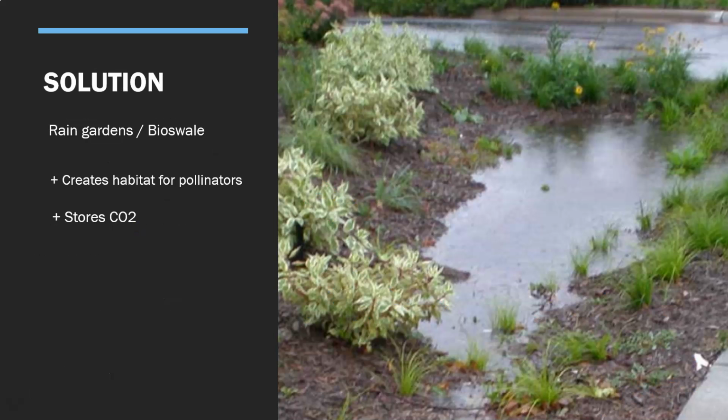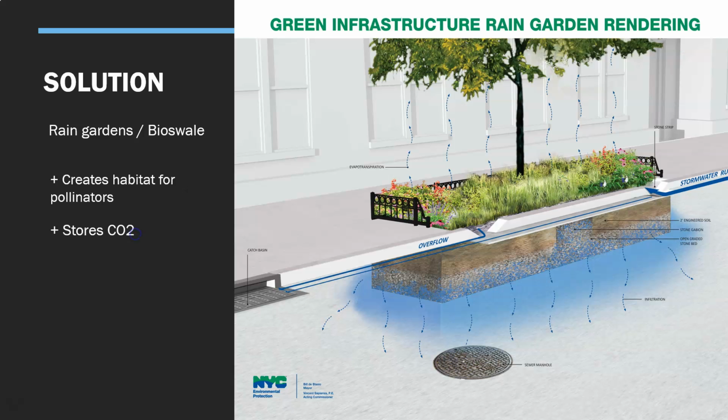We also have rain gardens and bioswales. This is what's outside of our classroom. Rain gardens and bioswales create habitat for pollinators, so you can plant flowers that attract pollinators. They store CO2. Here is a rain garden rendering for New York City.